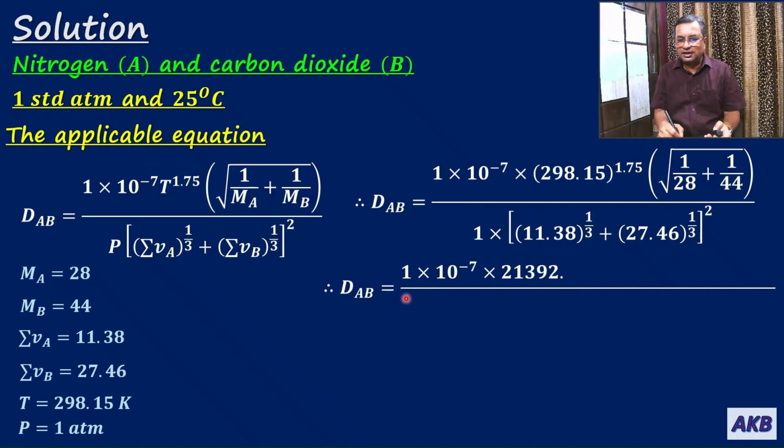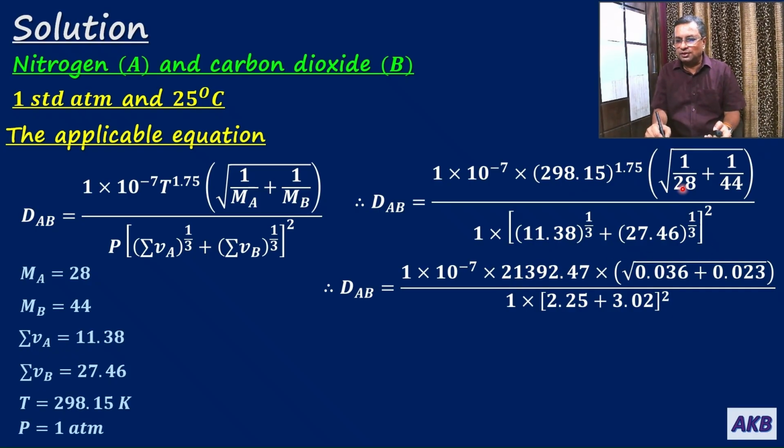So therefore, dAB is 1 into 10 to the power minus 7 into 21392.47, that is 298.15 raised to 1.75, into under root of 1 by 28 is 0.036, 1 by 44 it is 0.023, divided by 1 into 11.38 raised to 1 by 3 is 2.25, 27.46 raised to 1 by 3 it is 3.02 and square of the sum of these two.